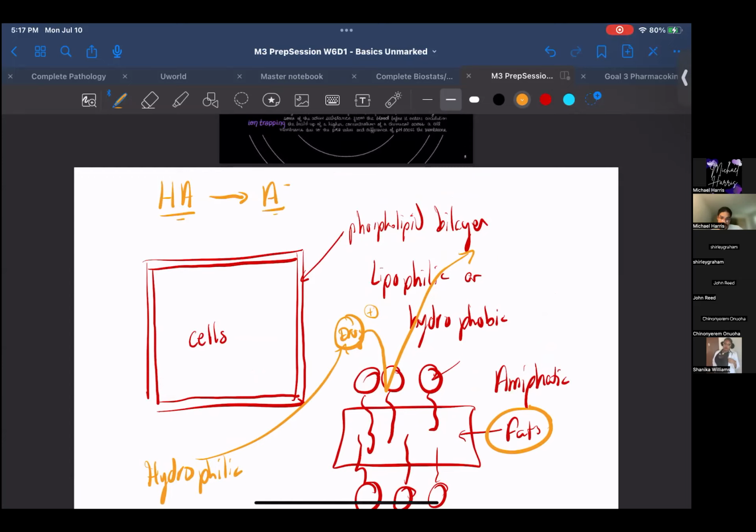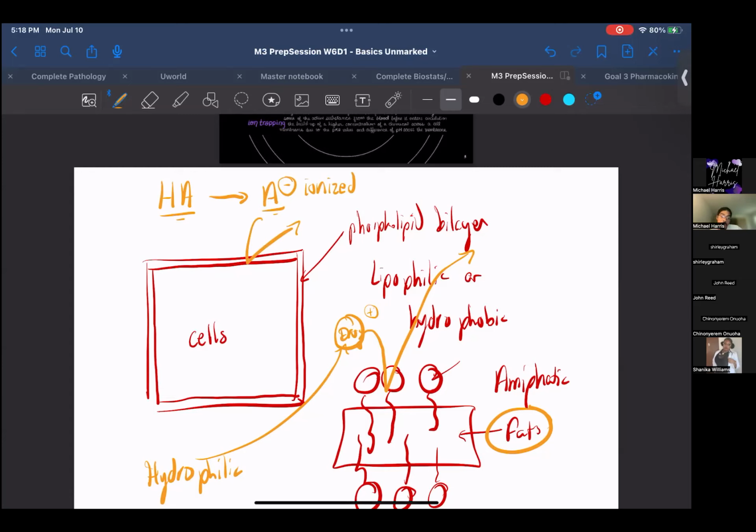Does that make sense? Okay. So if you're in this base form, this ionized form, this prevents absorption.